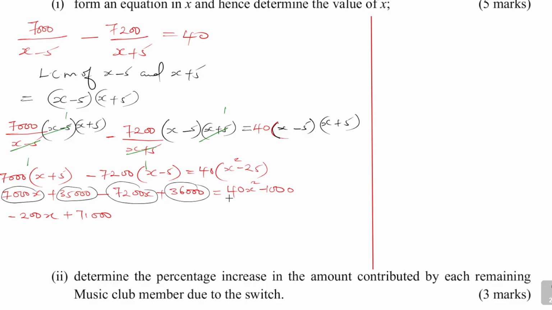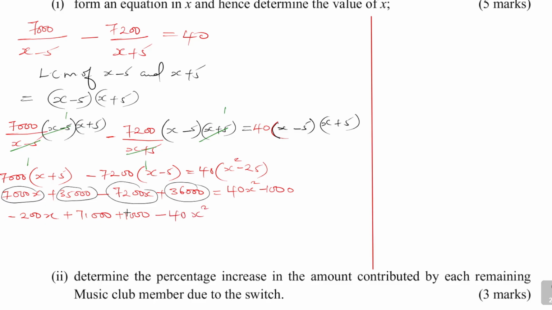Then I want to bring everything to, of course, let me see, the 71,000. Yeah, this is 71,000. Okay. If I bring whatever is in the right hand side to the left hand side, I will have plus 1,000 and then minus 40x squared.